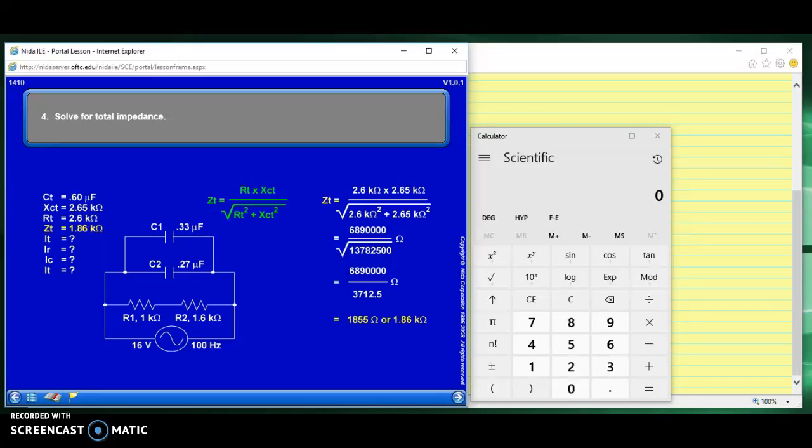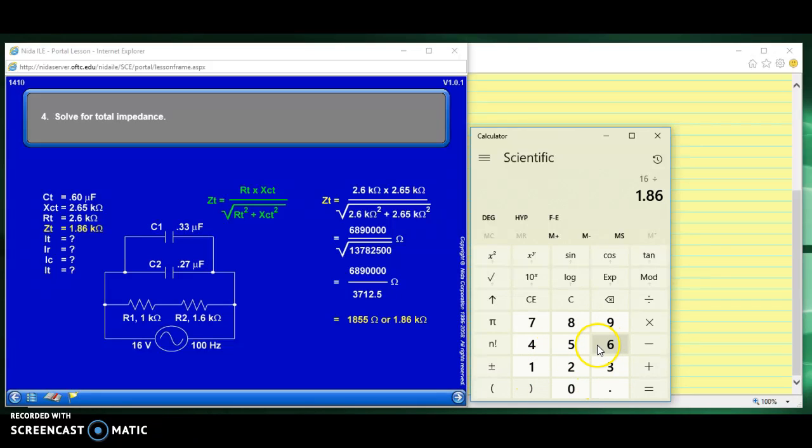Okay, I was trucking right along with the video when I realized we had run out of time, so I'm going to resume where we were. We just found ZT, and we were about to find IT. IT is simply a matter of taking the 16 volts and dividing it by the 1.86K for ZT, the ZT being impedance total.